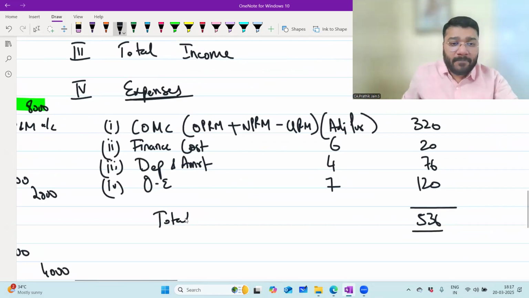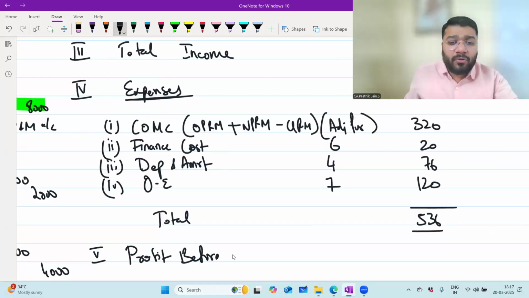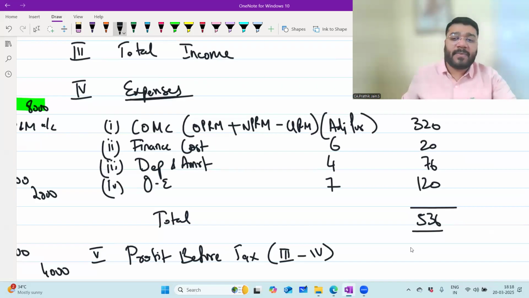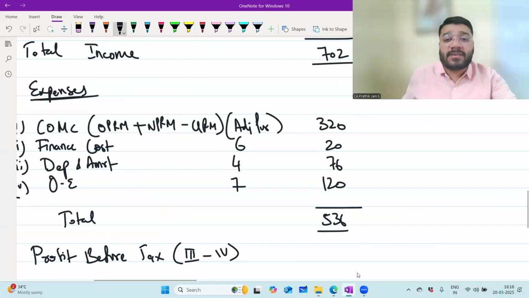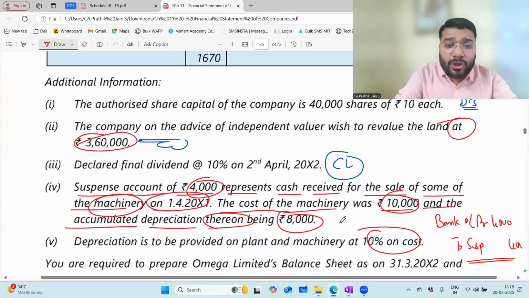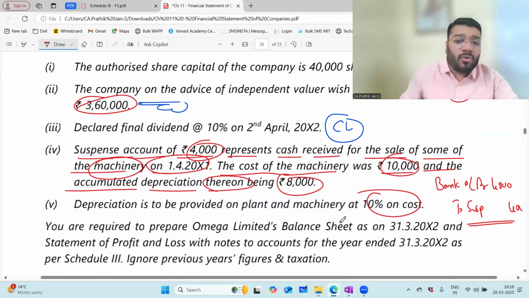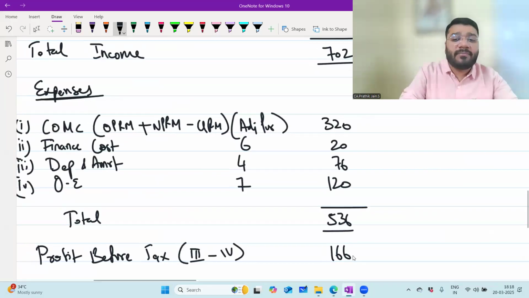Okay. Then fifth one. Profit before tax. Third one minus fourth one. How much? 702 minus 536. 166. Is there any information on the provision for tax? No. So this itself becomes profit after tax.